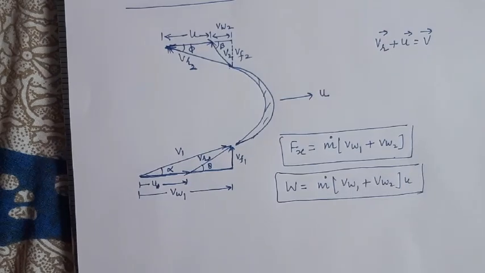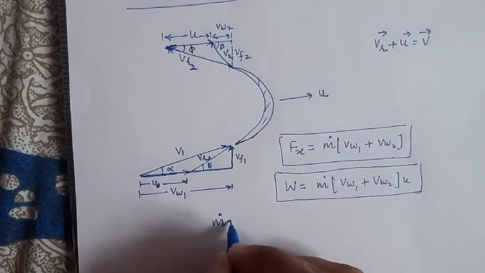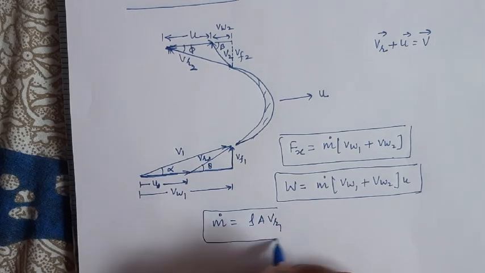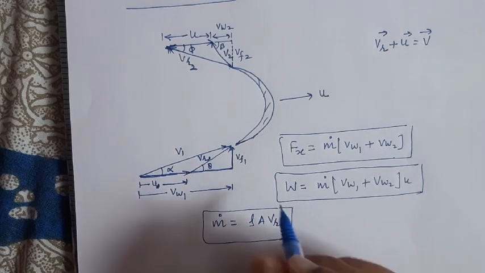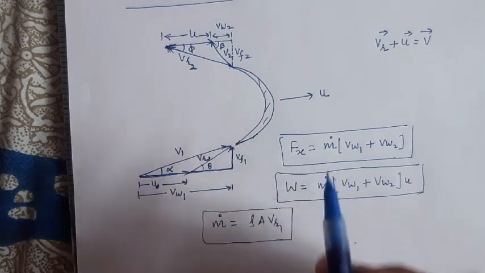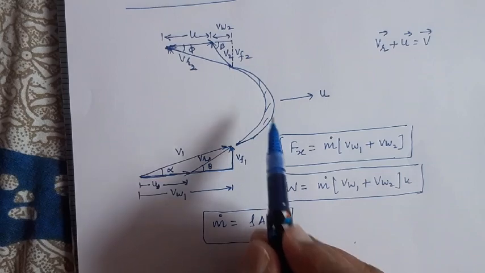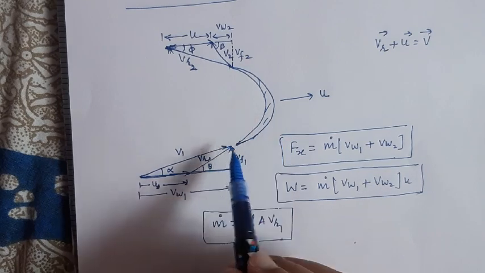Note that the mass flow rate will be rho a Vr1, because the jet of water is striking a single vane with relative velocity Vr1. So this is a case of a single vane when the jet of water is striking the single vane at one of its ends tangentially.